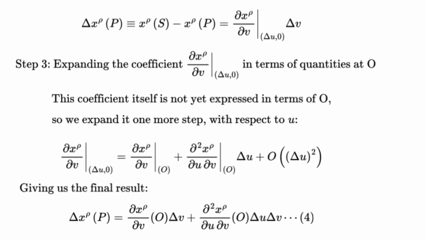Expanding the coefficient ∂x^ρ/∂v at (δu, 0) in terms of quantities at O. This coefficient itself is not yet expressed in terms of O, so we expand it one more step, with respect to u. Giving us the final result.